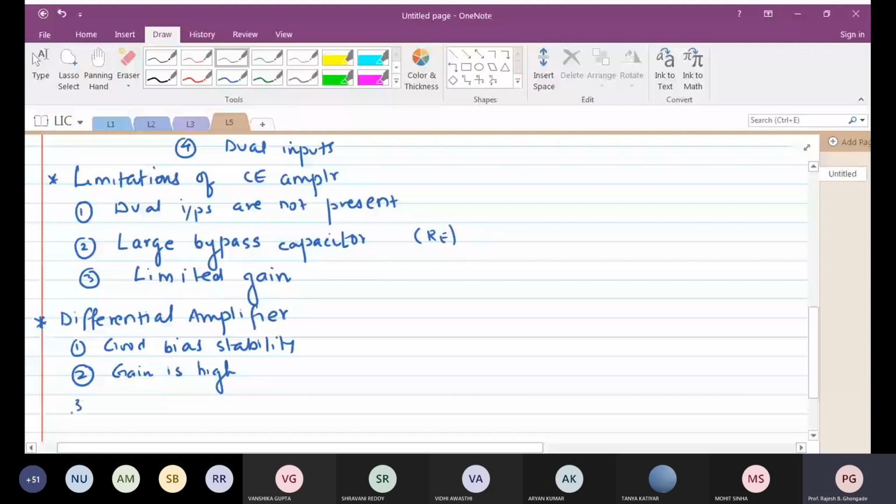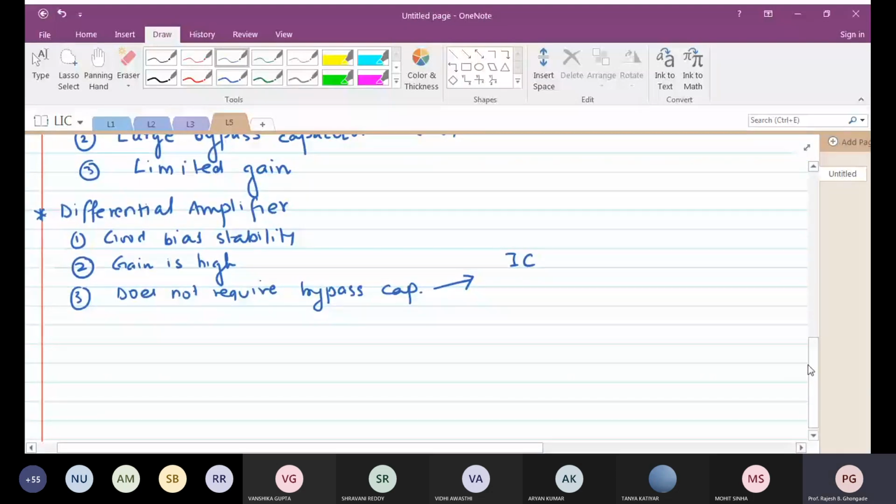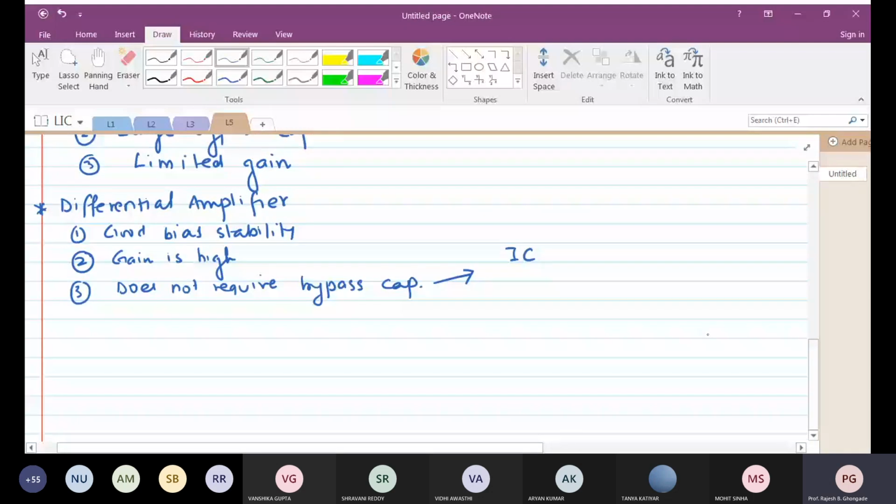And it does not require a bypass capacitor. This is interesting because you can easily use this circuit for integration, that is, in integrated circuits. So whenever we talk about integrated circuits, you have to avoid the capacitors. Okay, you can have resistors, you can have obviously the transistors and all that, but you cannot have capacitors and you cannot have inductors. So inductors and capacitors are to be avoided when we go for the integrated circuits.